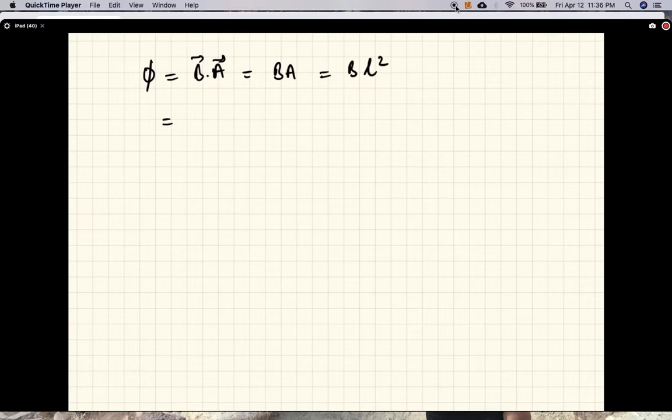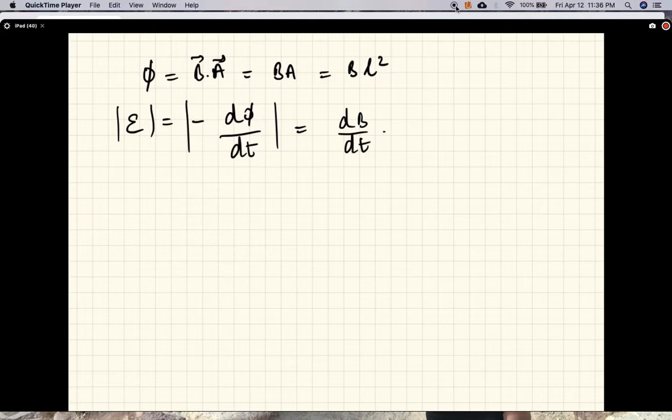So that's the flux. The EMF induced is d phi by dt. We are just interested in the magnitude of the EMF, so we'll take the absolute value, and the area is not changing, so it's dB by dt times L squared.